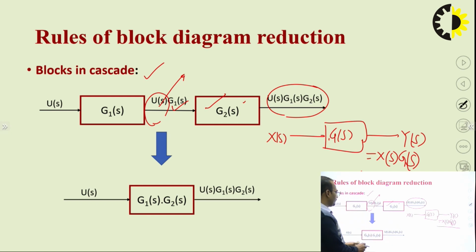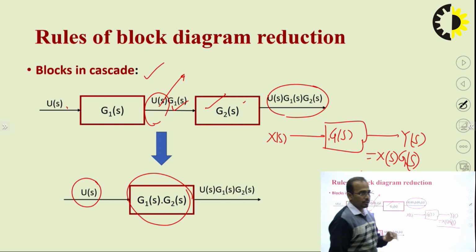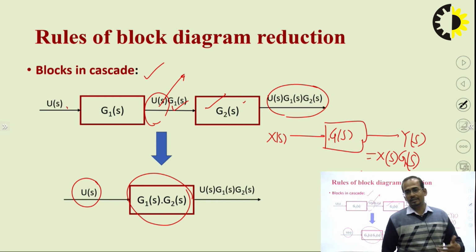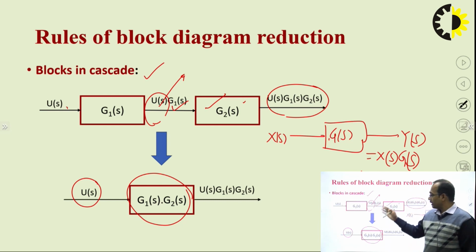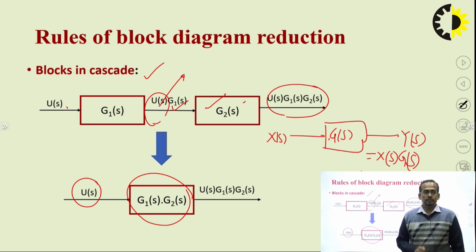I mean to say, you will get G1(s) into G2(s) as the gain of the cascaded system, and U(s) is the same as the input for this cascaded system, but the gains of the systems have been multiplied. So individual gains of the systems are multiplied when the blocks are connected in series.